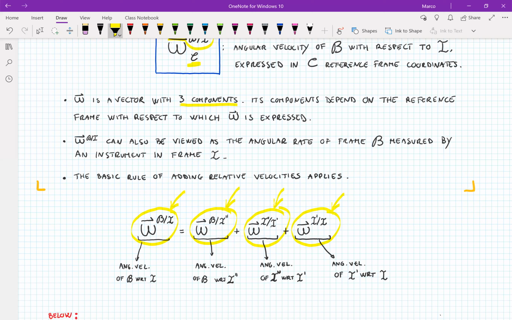Well, it's because we've talked about the overall coordinate change or rotation between I and B as a composition of 3 elementary rotations. So when we go from I to B, it's like we were stepping through 2 intermediate reference frames, I prime and I double prime.